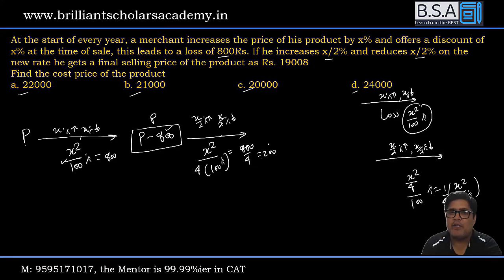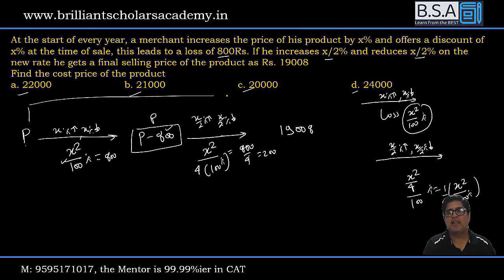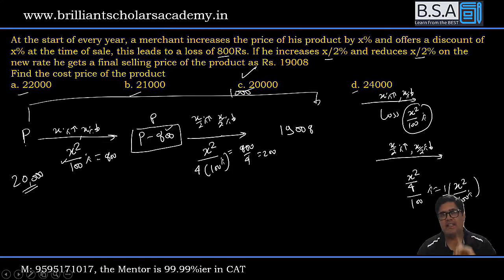Roughly speaking, 200. So here I have 19,200 rupees. First decrease is 800. Second decrease is somewhere around 200 rupees. So can I say total decrease looks like 1,000 rupees? So what should be the original price? 20,000. This is not guesswork. Understand, this is not guesswork. You are properly solving the question.